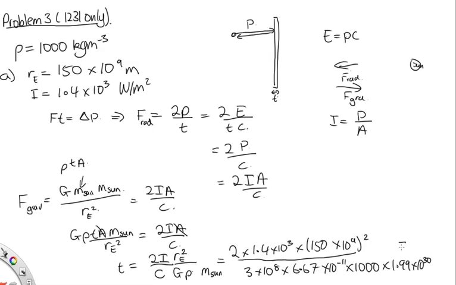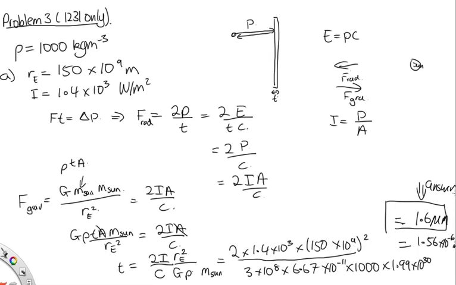So solving this on the calculator, we end up with 1.56 times 10 to the minus 6 meters. So the answer is equal to 1.6 micrometers. So there's our answer.